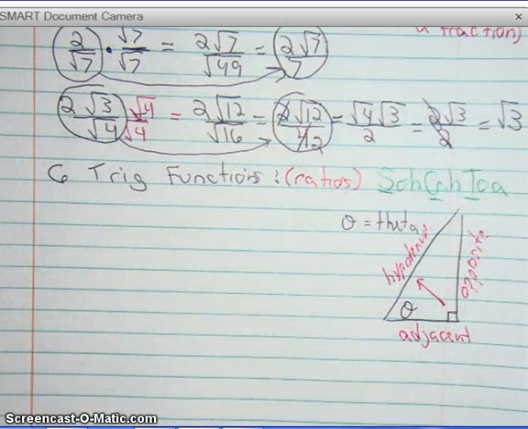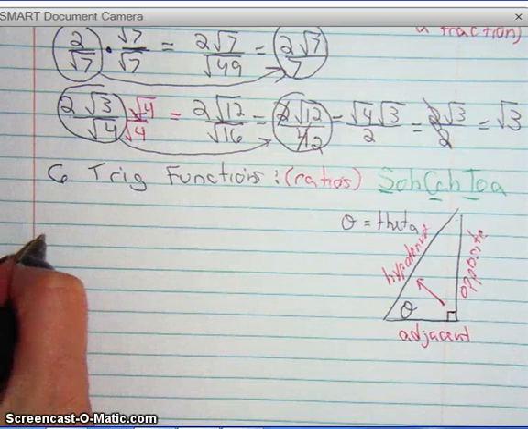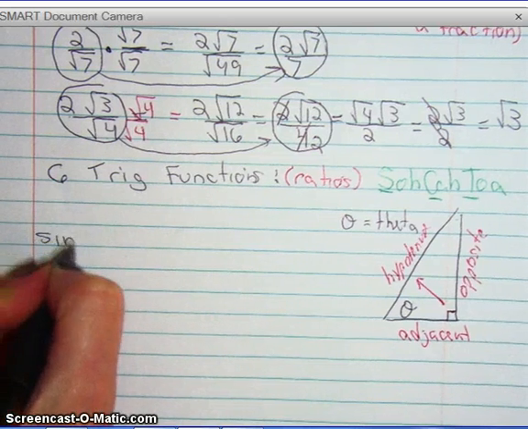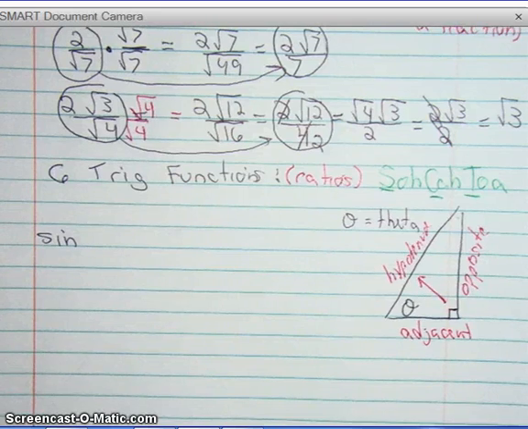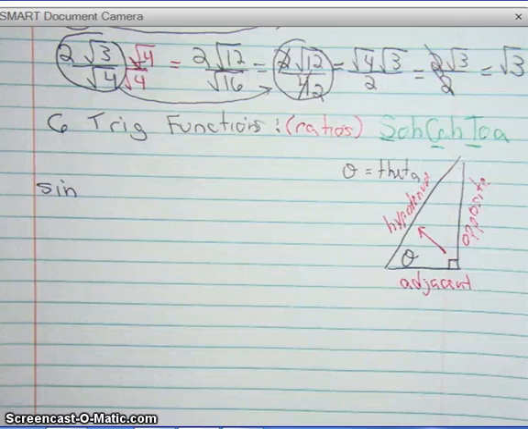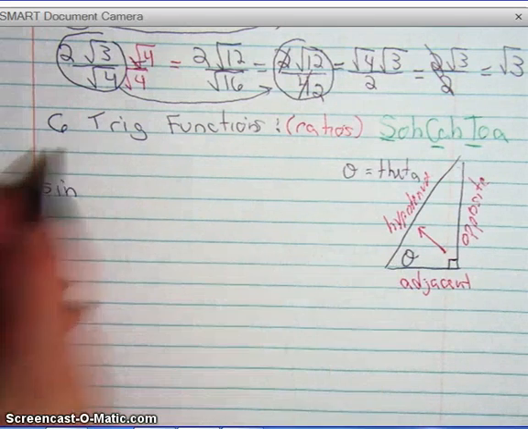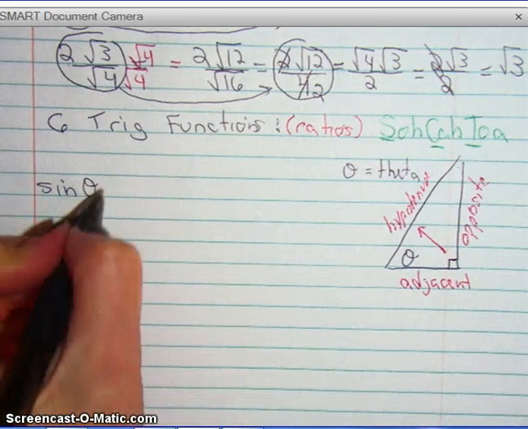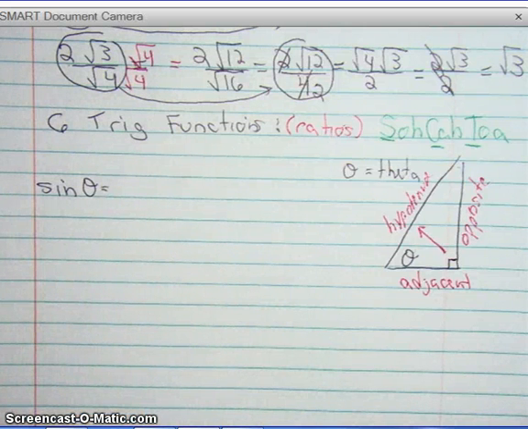Everybody good? Okay, three trig ratios that you have already studied. Sine. Remember, we don't sin, we sine. Always by the word goes the angle. If you know the measure, you put the measure by the angle. If you just know a letter, you just put a letter by the angle. If it's just theta, you just put theta by the angle.